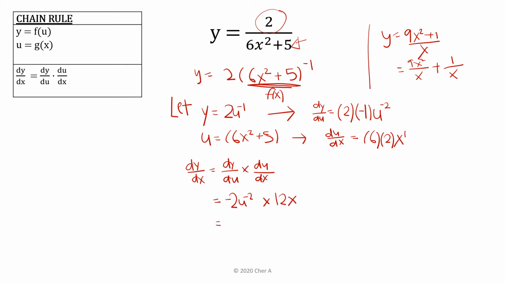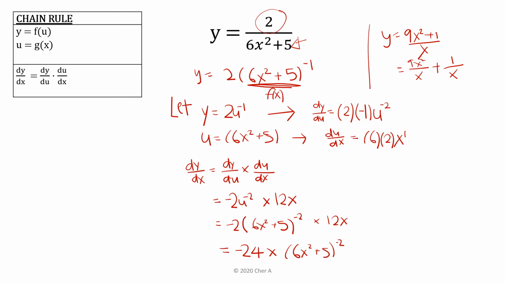So I'm going to replace my u with 6x squared plus 5 from above, to the power negative 2 times 12x. So my final answer will be minus 2 times 12, which is negative 24x, 6x squared plus 5 to the power negative 2.